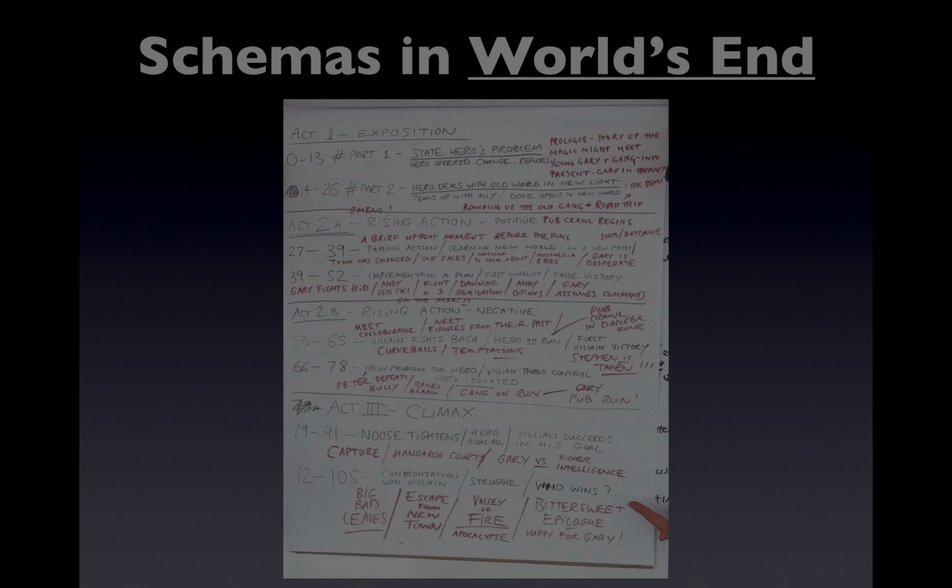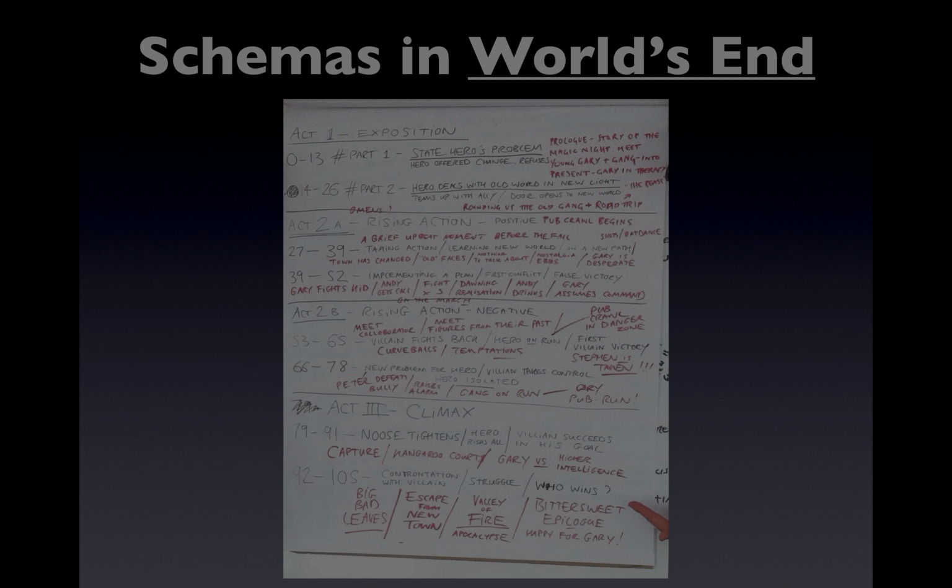of storytelling. If you see here at the top, it says part one, state the hero's problem. Hero is offered a chance to change and refuses. So prologue, story of the night, magic night. They meet young Gary and the gang, and then they go into the present, and Gary's in therapy. Okay, then part two, scenes 14 to 26.